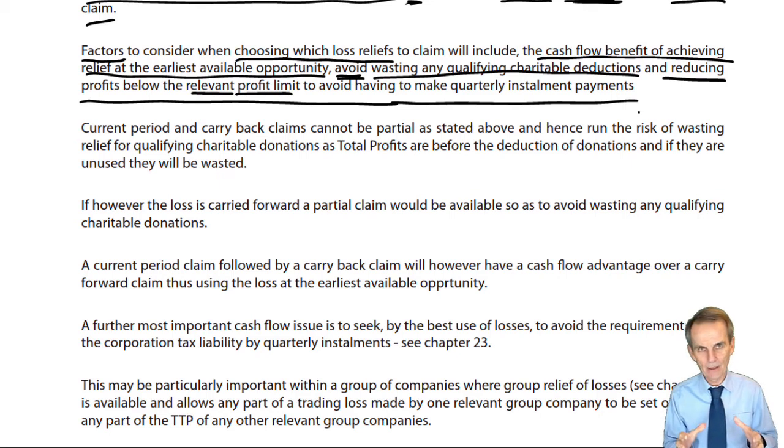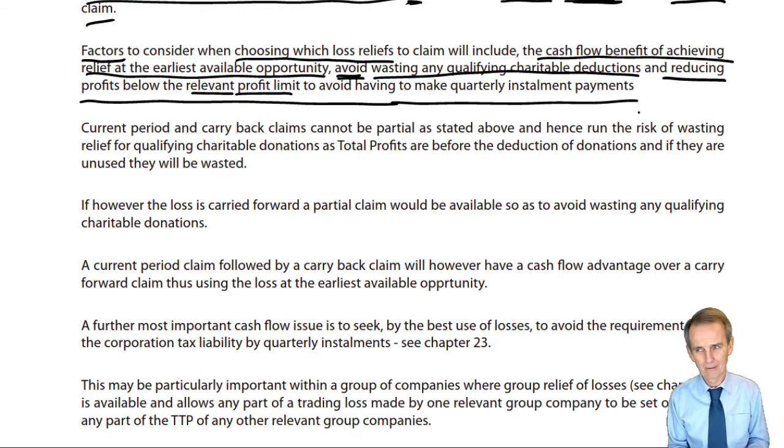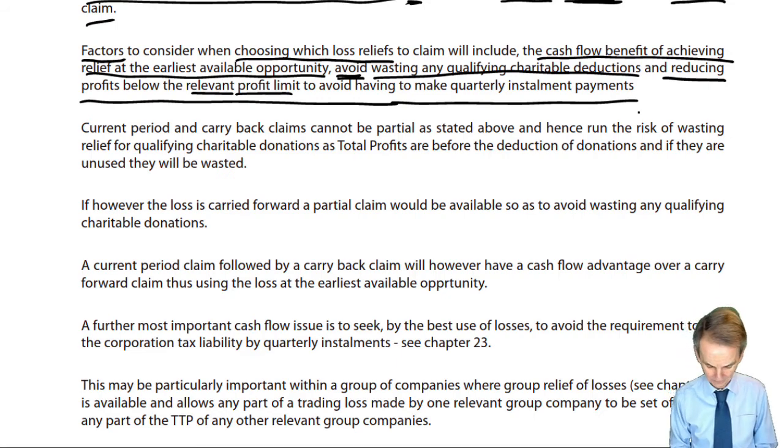So we want to get the best cash flow advantage in terms of the use of the losses, but also if we have been making, and not all companies do make, though in exam questions they do, qualifying charitable donations, we don't want to be wasting those donations through using a loss relief that then eliminates the total profits and there's nothing left to deduct the donations from.